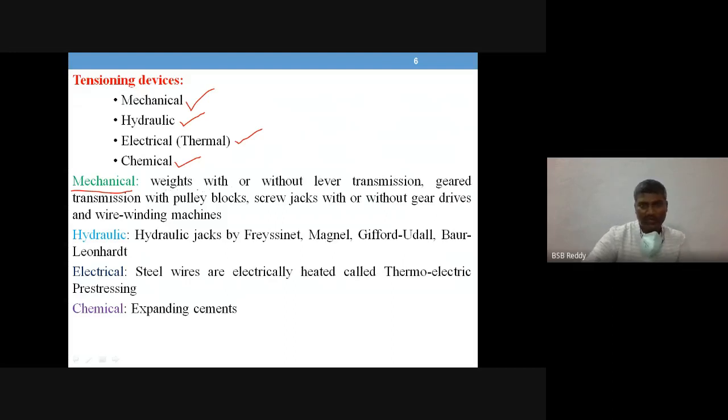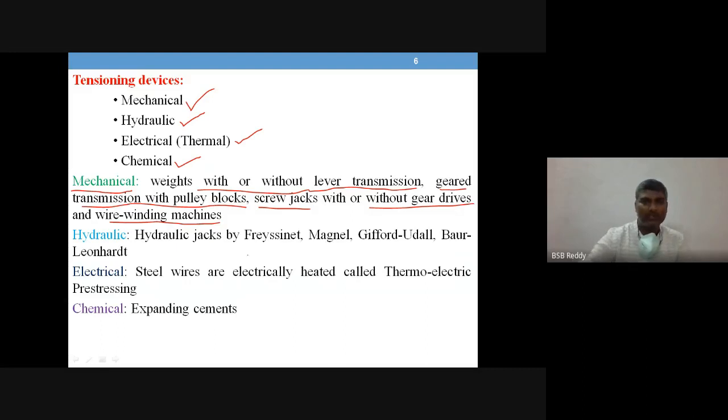Weights with or without lever transmission, geared transmission with pulley blocks, screw jacks with or without gear drives, and wire winding machines. So these are the different varieties of mechanical devices that we have to pull the tendon.